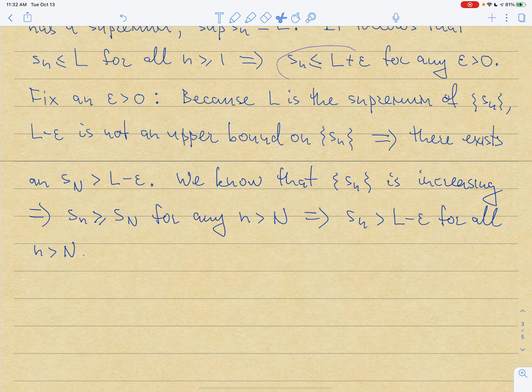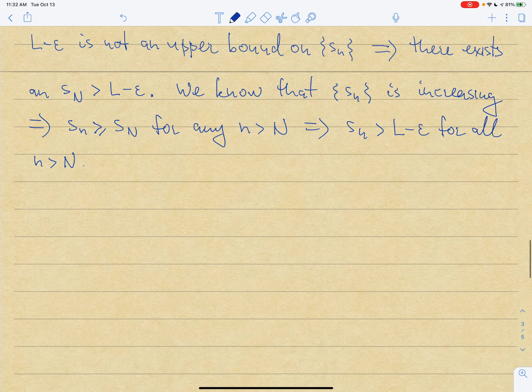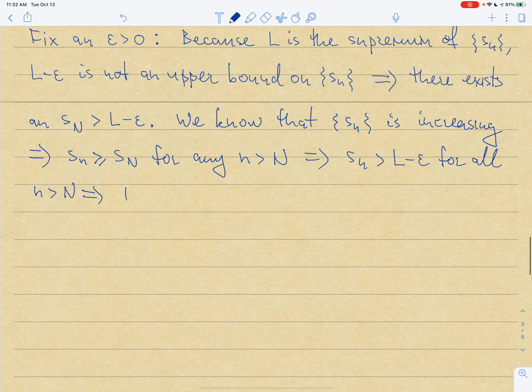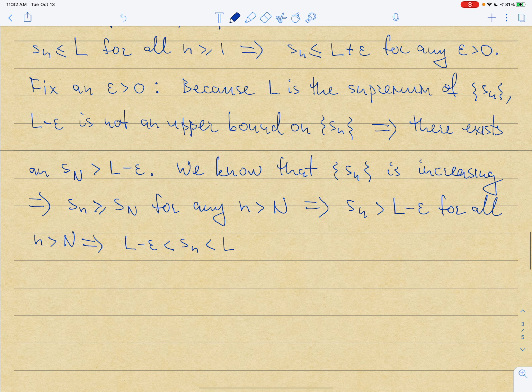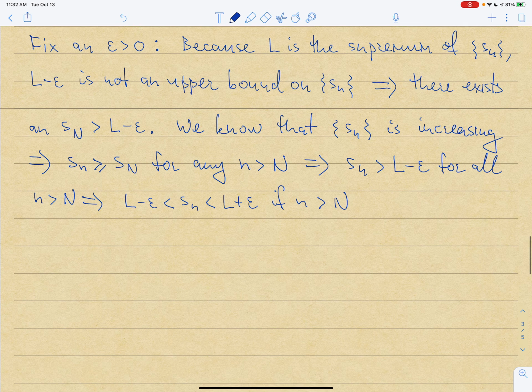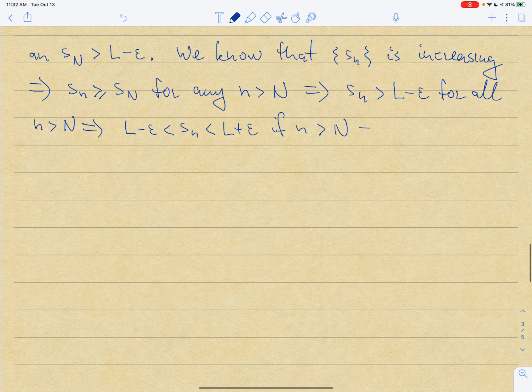I have that this inequality holds for any n, and I have that this inequality holds for n bigger than capital N. So then overall, we can say that L minus epsilon is less than Sn, less than L plus epsilon if n is bigger than capital N.